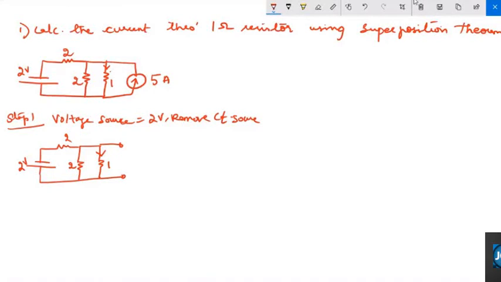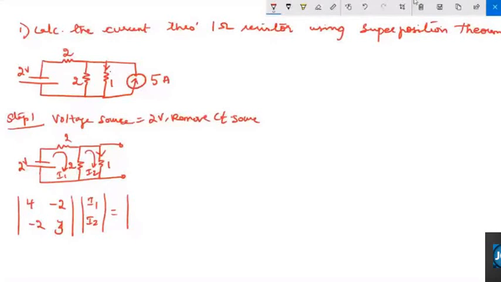How many meshes are there? Two meshes. Let me take this current as I1 and in the second mesh let it be I2. Now frame the R matrix, then I1, I2, and the voltages V1 equals minus 2, V2 equals 0. Find I2 from this: minus 0.5.